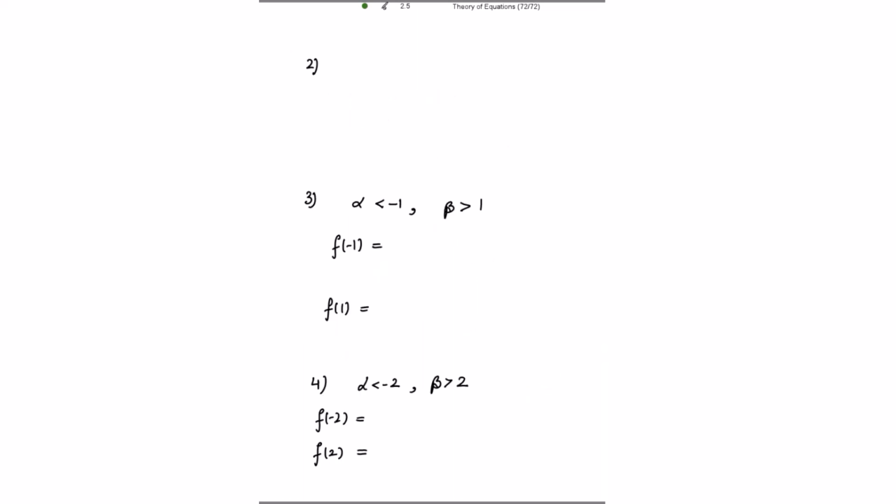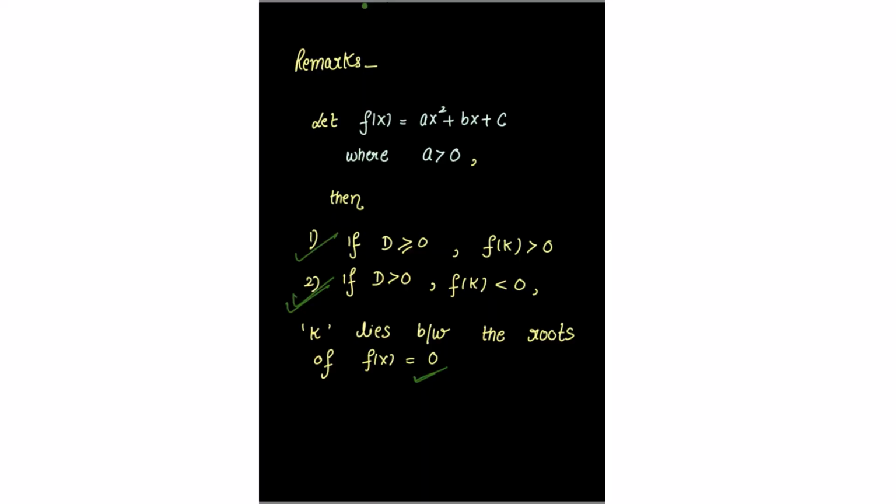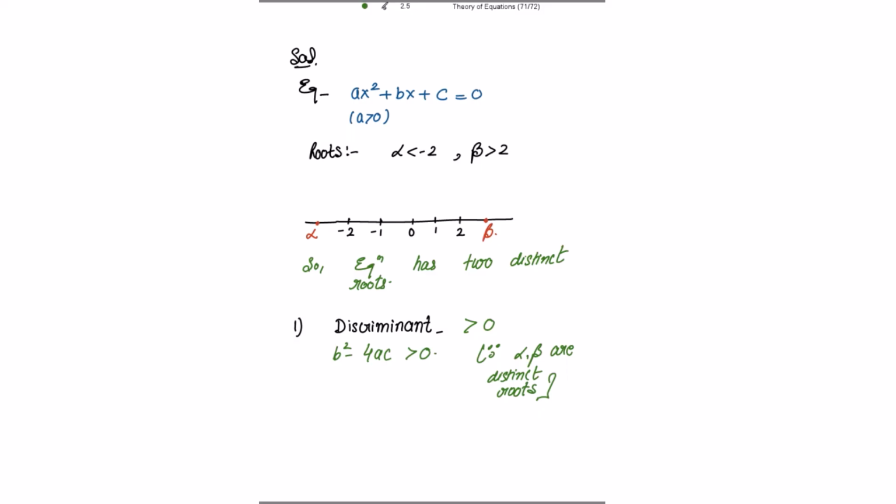So, secondly, f of x. Can I write f of x instead of f of k? There in the remark, k is written over here. But here I am using f(x) only because x is lying between this alpha and beta for this equation. So x lies between alpha and beta, right?